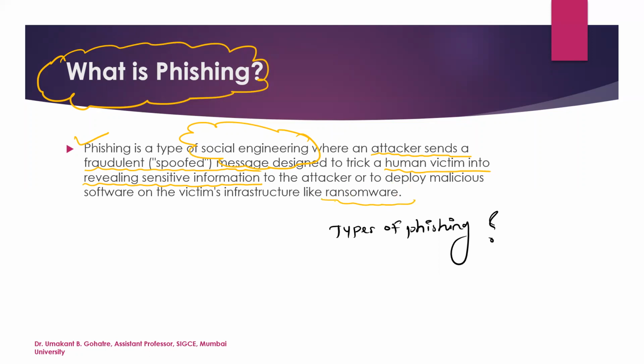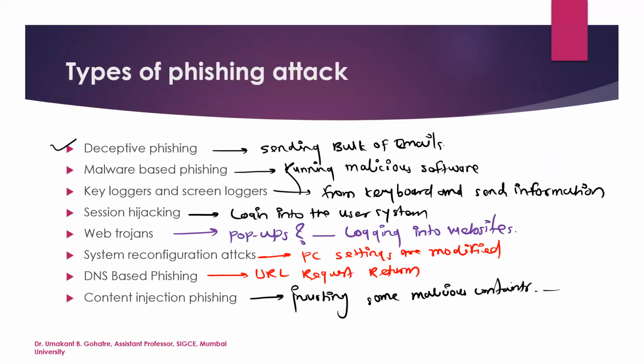Next, we discuss the types of phishing. The types we are listing are deceptive phishing, malware-based phishing, keylogger or screen logger phishing, session hijacking, web trojan, system configuration attack, then DNS-based phishing, and content injection phishing.